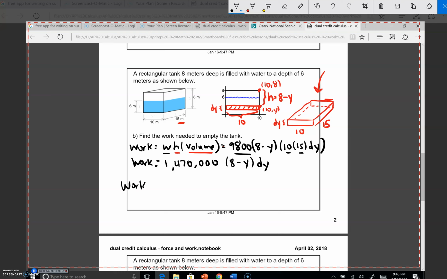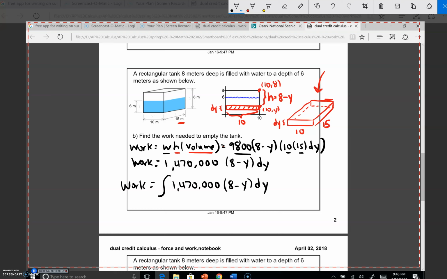But again, I'm not just looking for how much work it takes to remove that one bit of water out of the tank. We want to empty the tank, so we need to integrate to add up infinitely many of these. So I'm integrating 1,470,000 times (8 minus y) dy.